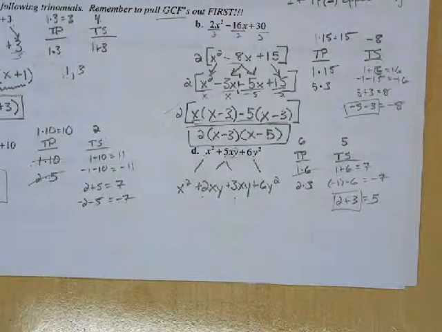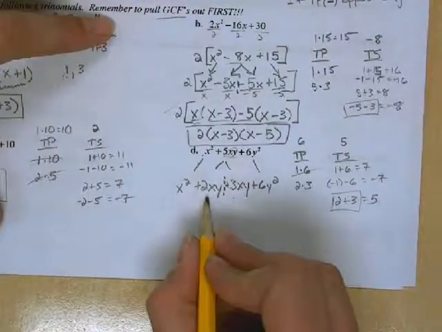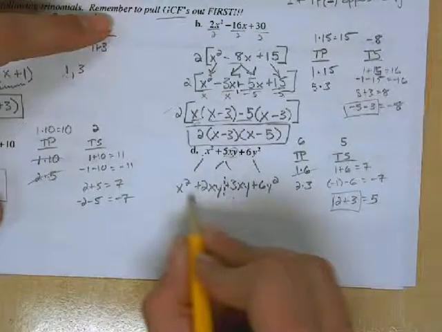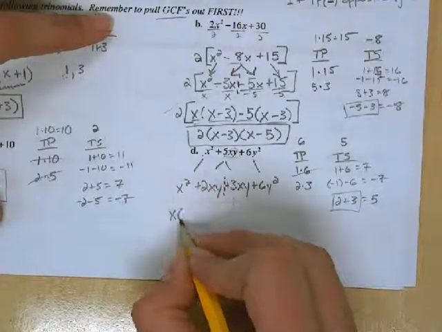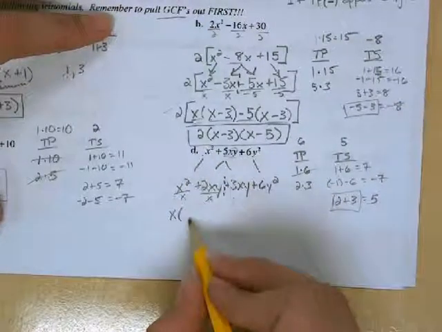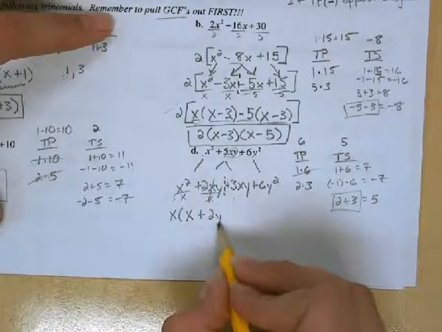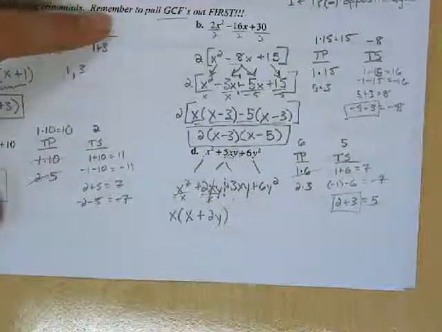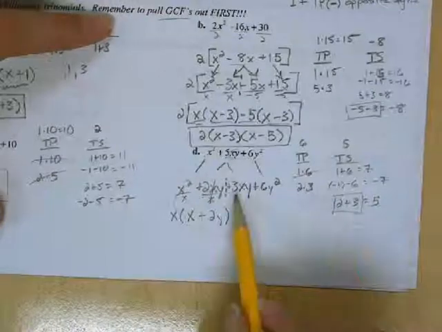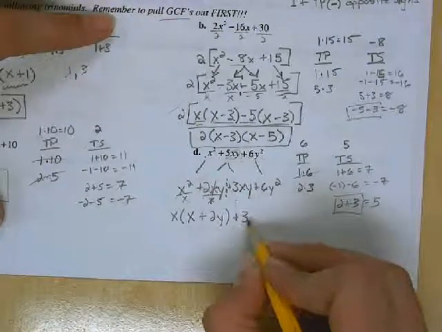From there, do a little factor by grouping. Here we go. GCF here. I have an x in both. Okay, when I divide an x out, I'm left with x here. Here I would get 2y. Okay, same thing here. When I look at this, I have a positive 3y that comes out, right?